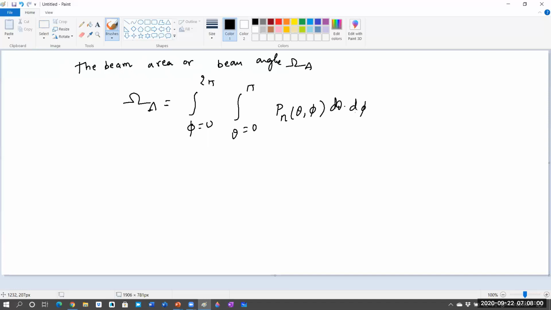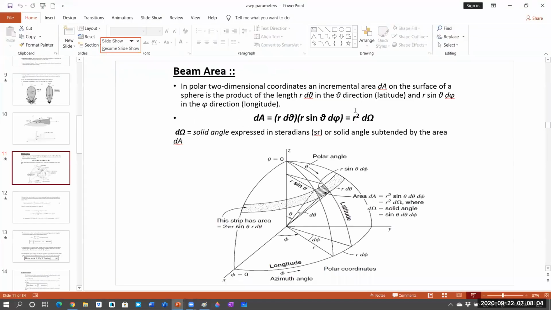Last time we have seen the spherical coordinate system. Suppose this is a three-dimensional spherical coordinate system. From this, we want to calculate the beam area. So it is a mixing of theta and phi.